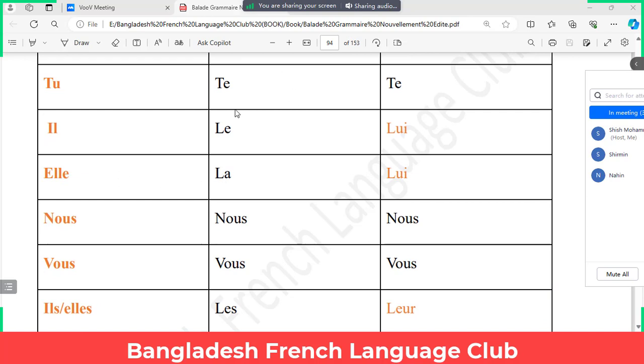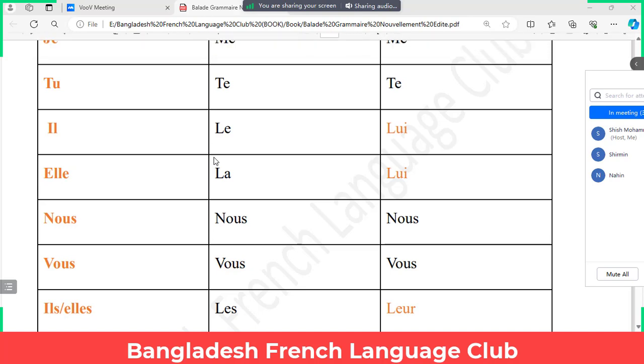So you might think that le, la, and les are articles, right? Yes, definitely they are articles, but in this case, they are not articles; they are pronouns. They are also used in French as a pronoun, direct object complement. Okay, we'll see a lot of examples after.